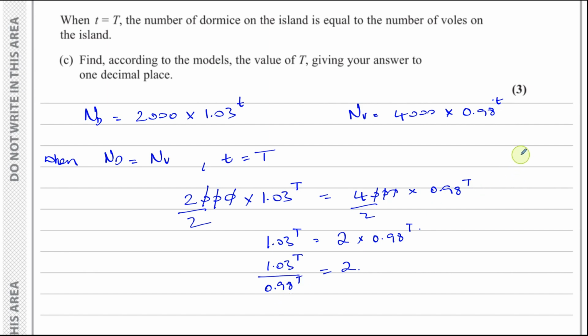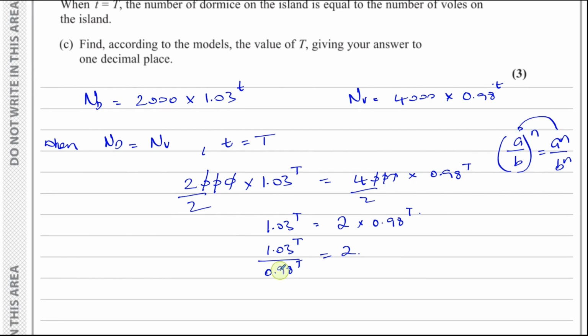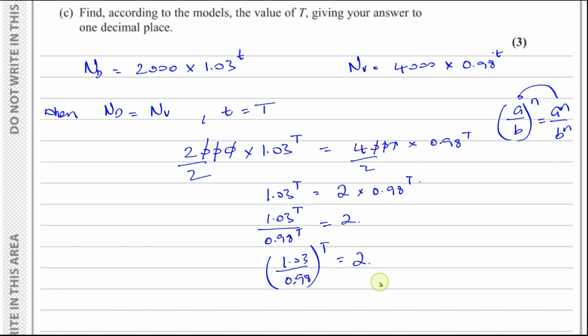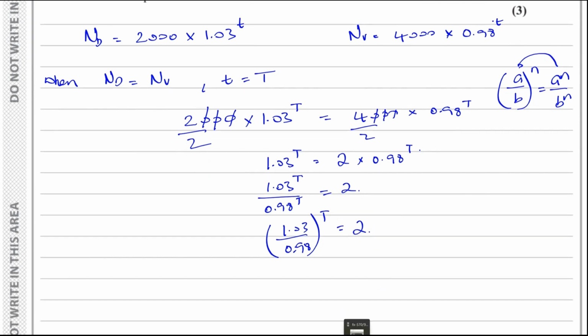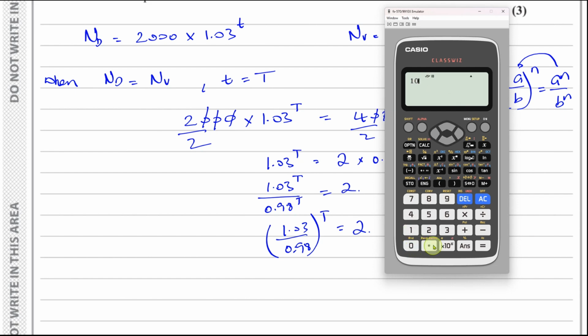We understand from the laws of indices that a over b all to the power of n is the same as a to the power of n over b to the power of n. So we can work with that backwards because they're both raised to the same power. I can say this is 1.03 over 0.98 all to the power of t equals 2.